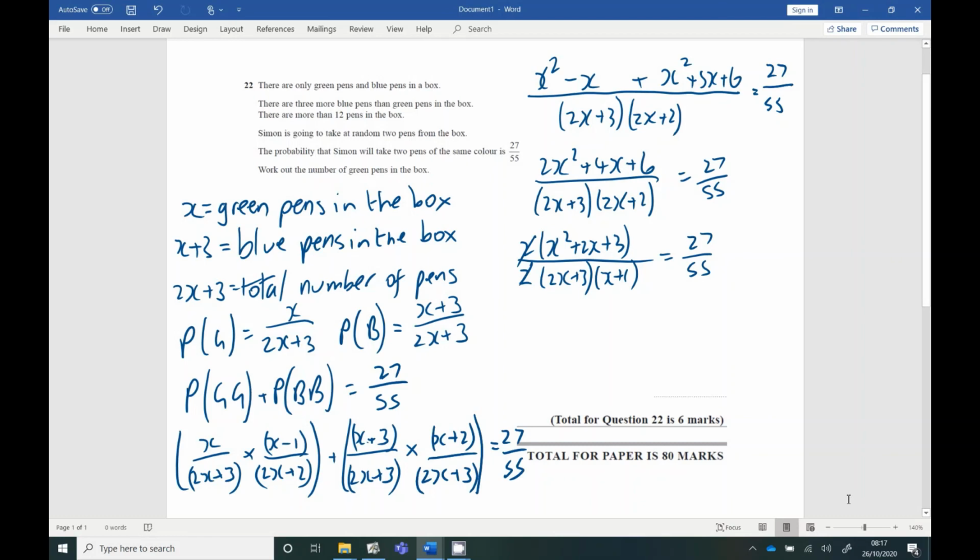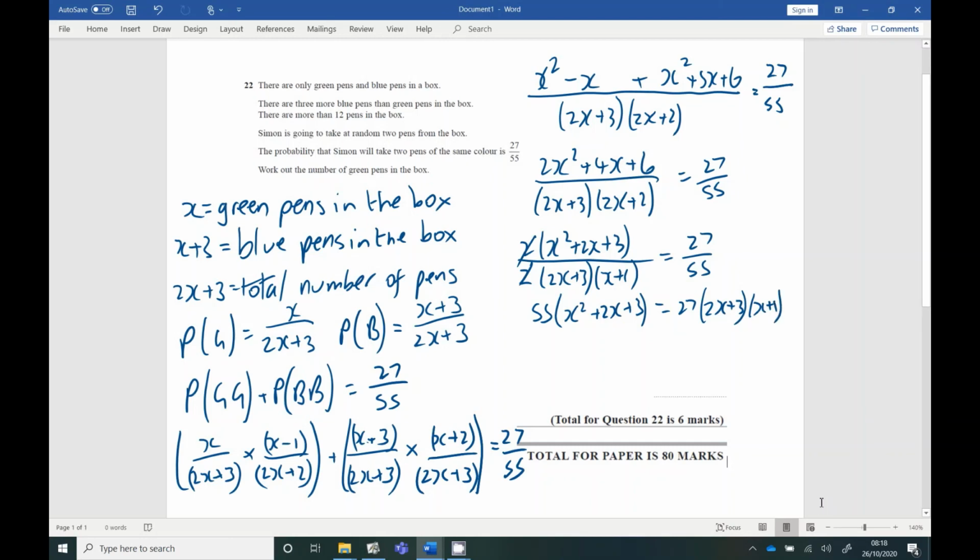So if I now go and multiply both sides by 55, and multiply both sides by 2x plus 3, x plus 1, I'm left with 55 lots of x squared plus 2x plus 3, equaling 27 lots of 2x plus 3, x plus 1.